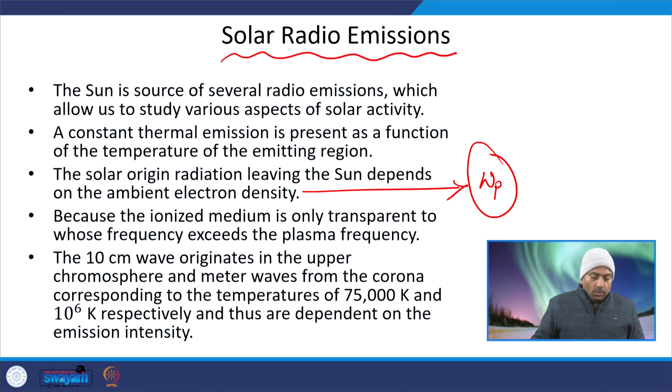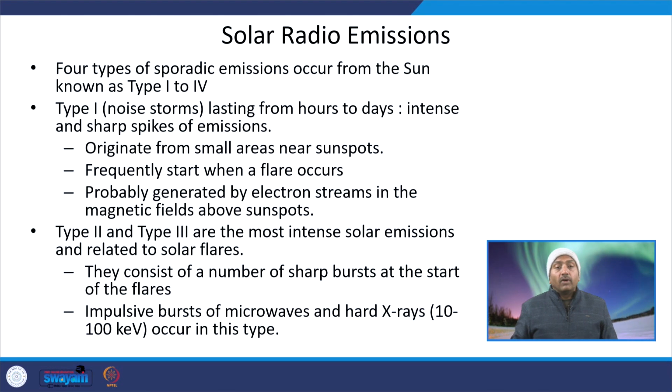Okay. So, the very well known wavelengths like the 10 centimeter wavelength originate in the upper chromosphere, and the meter waves from the corona, corresponding to temperatures of 75,000 Kelvin and 10 to the power of 6 Kelvin respectively. And thus, they are dependent on the emission intensity because of the temperature being these two values, right.